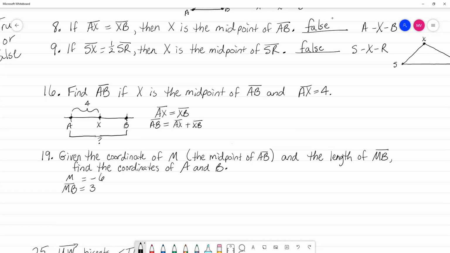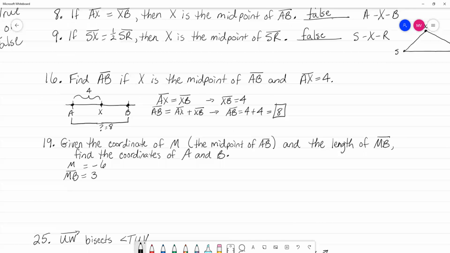So first off, AX equals XB. If AX equals 4, that also means that XB equals 4. Now we've created a value for both AX and XB, so we can plug that into this formula and we get that line segment AB is equal to AX, which is 4, plus XB, which is 4, which means that line segment AB is 8.